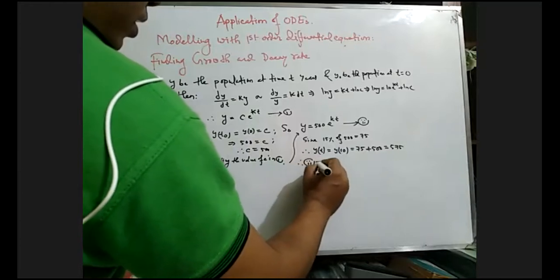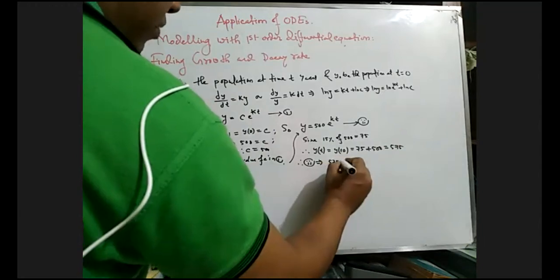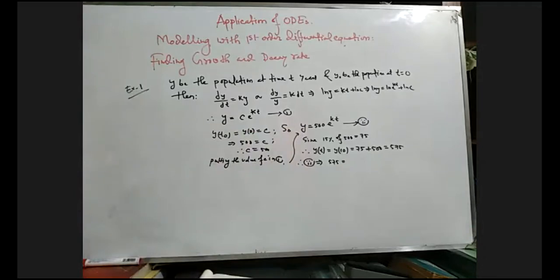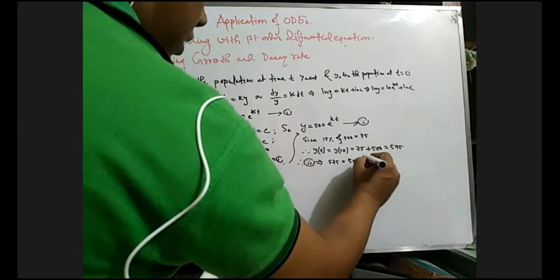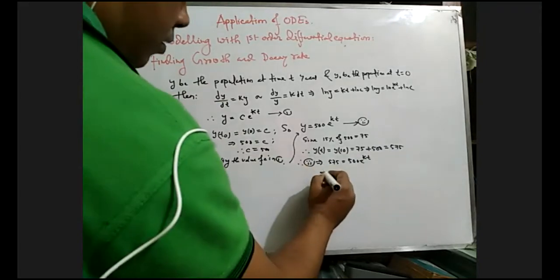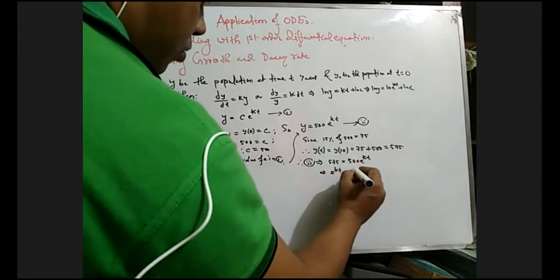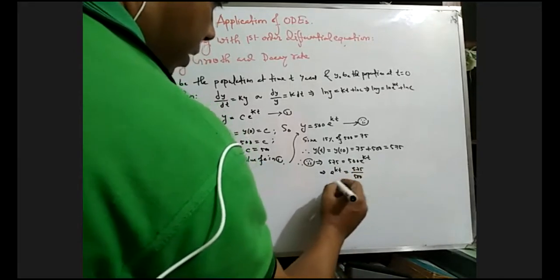Therefore equation 2 becomes 575, just putting the values of y, equals 500 e to the power kt. Now solving for k, we get e to the power kt equals 575 divided by 500.